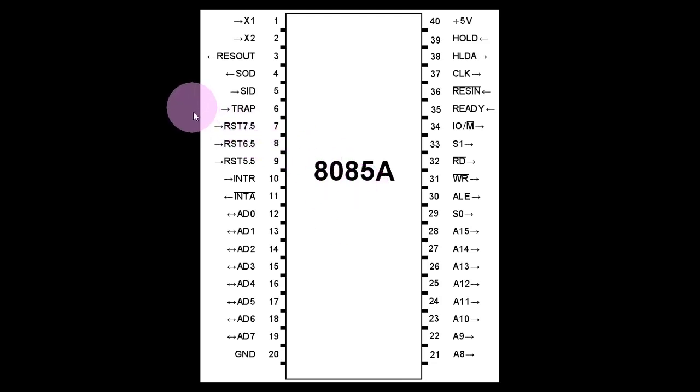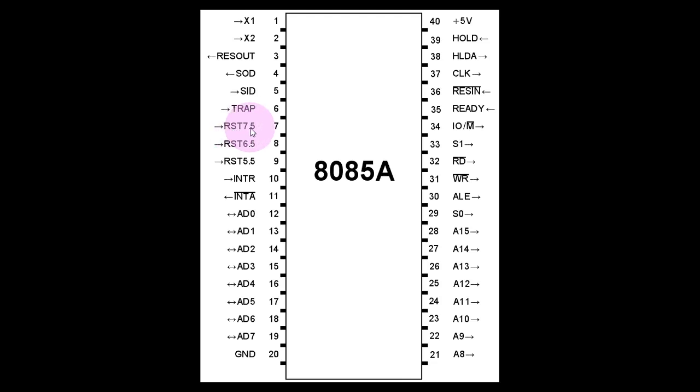TRAP is called a non-maskable interrupt, means whenever that request has been raised, the microprocessor cannot neglect it and simply has to serve that request. We can't put a mask on them and say that you just go, I don't want to serve you. So TRAP is a non-maskable interrupt, right?